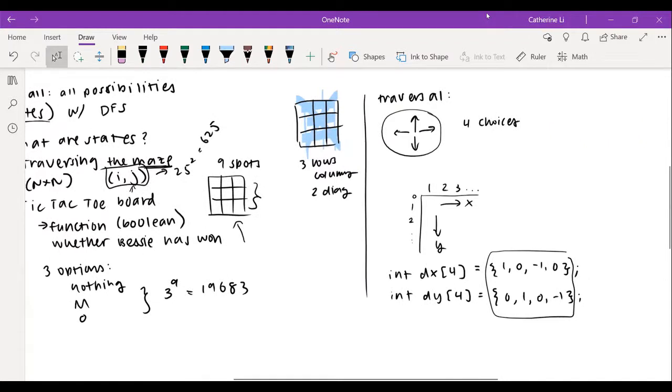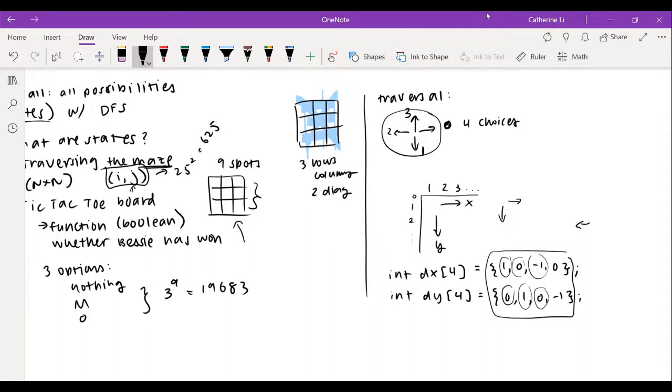If we increase the x by 1, we're going this way, and nothing happens to the y. So this is the first direction, the 0th direction. If we don't change the x and we increase the y by 1, it would be like this. So this is index 1. Same thing, negative x, and nothing happens to y. This is the second one, and this one's the third one.